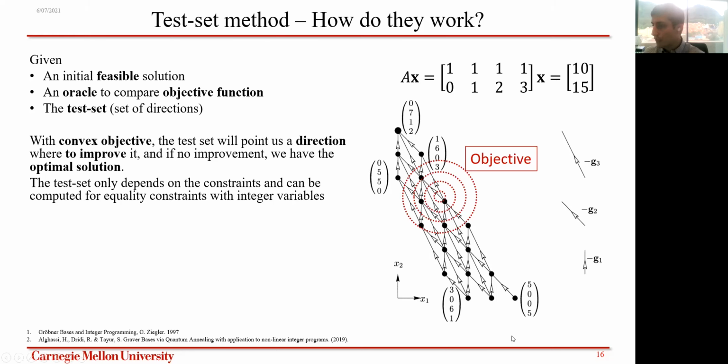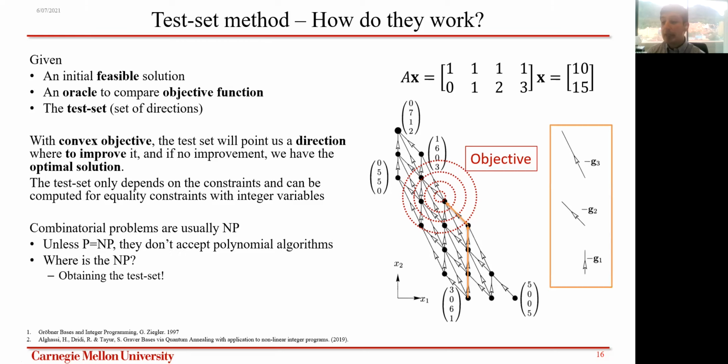So for example, assume this convex objective, you want to be as close to the center of these concentric circles. And we start from this point. So using these directions, you would take 3 steps up here until you cannot improve the objective any longer. And then from here, you take a step all the way to this point. Since none of these directions are pointing towards an improvement of the objective function, you can guarantee that that is the global optimal solution for this convex objective.